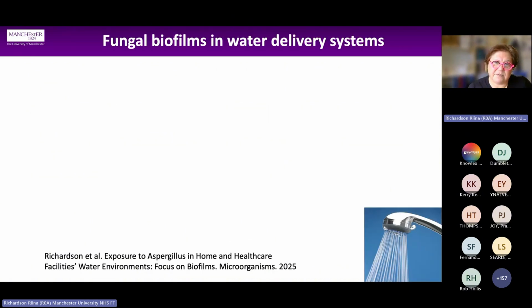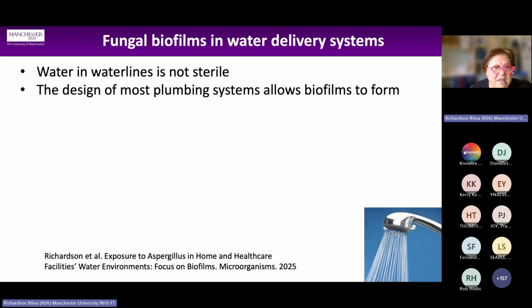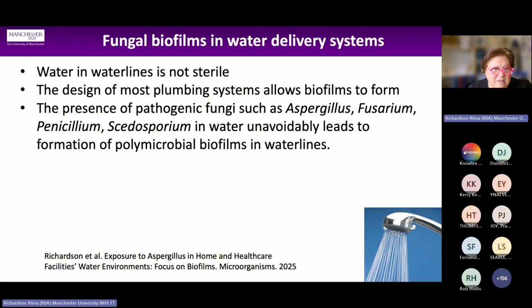So, biofilms in water delivery systems. Obviously tap water is not sterile, and the design of most plumbing systems, including hospital ones, allows biofilms to form. We all see this.